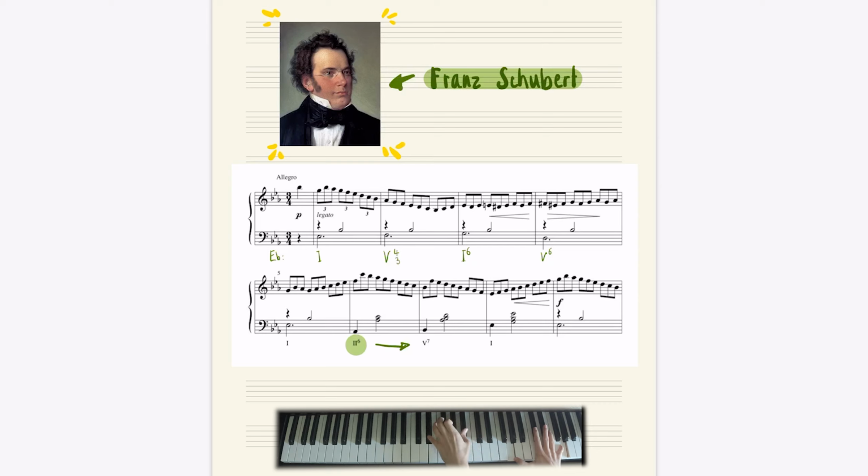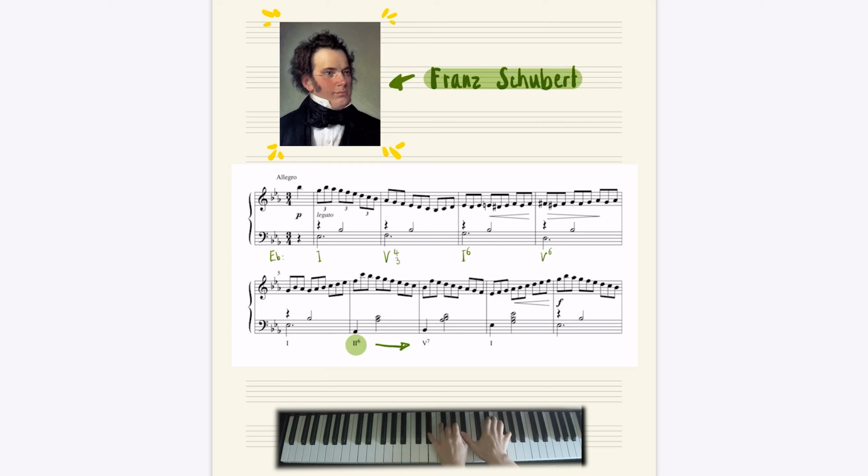And then he expands that tonic through 5, 4, 3 in the second measure, only to go back to the tonic in the first inversion in the third measure.